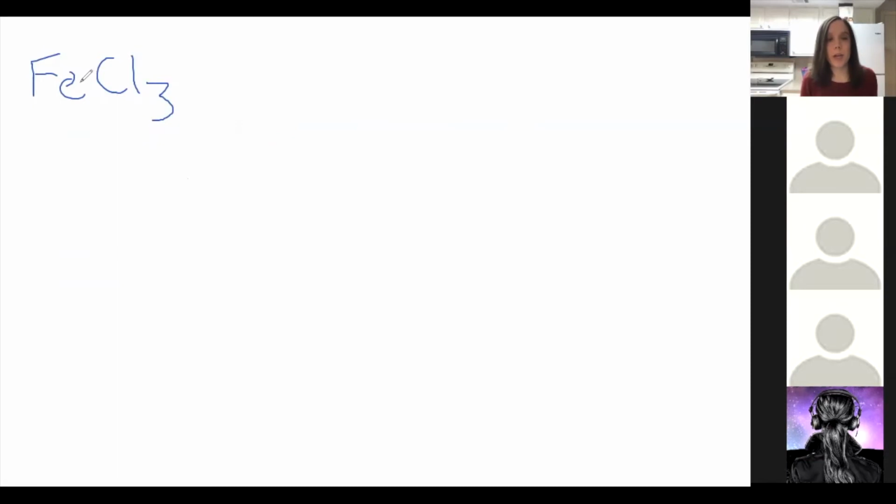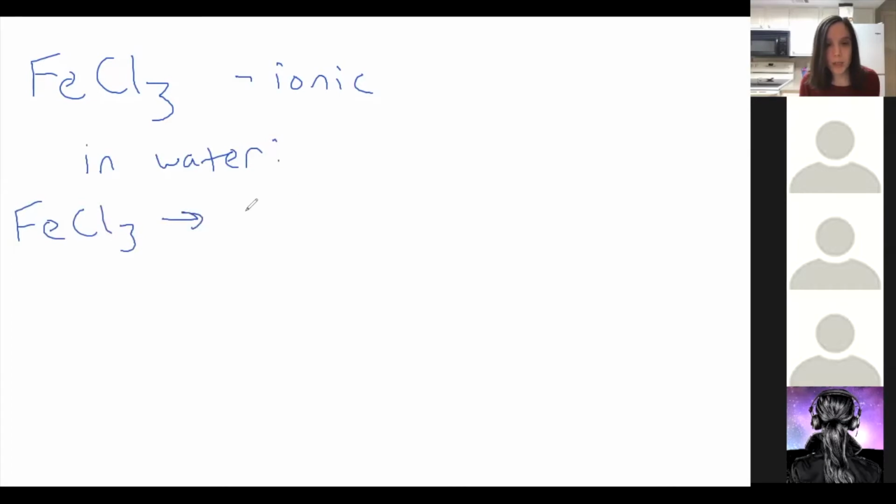So a compound like this, FeCl3, it's ionic. You have a metal Fe and a non-metal Cl3. So in water, it splits apart. In water, FeCl3 will become Fe3+ and 3 Cl minuses.